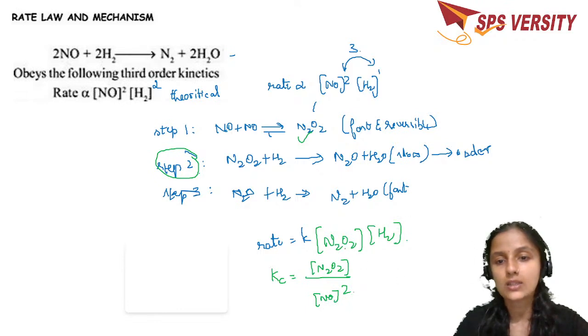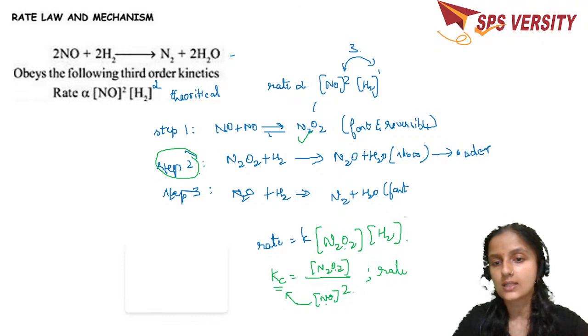In the place of N2O2, because we don't have that term in the main expression, but we have NO in the main expression, we have to put this N2O2 in terms of NO. This is a fast and reversible reaction. From this we have the equilibrium constant Kc equal to the concentration of the product over the concentration of the reactant. Now if you multiply Kc with NO squared, you get the concentration of N2O2.